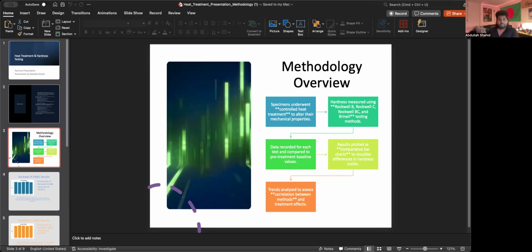My aim was to capture how each heat treatment method altered the hardness profile and then compare the results across different measurement systems. Each test type uses different indenters, forces, and scales, so cross comparison really gives a fuller picture of material performance after treatment.